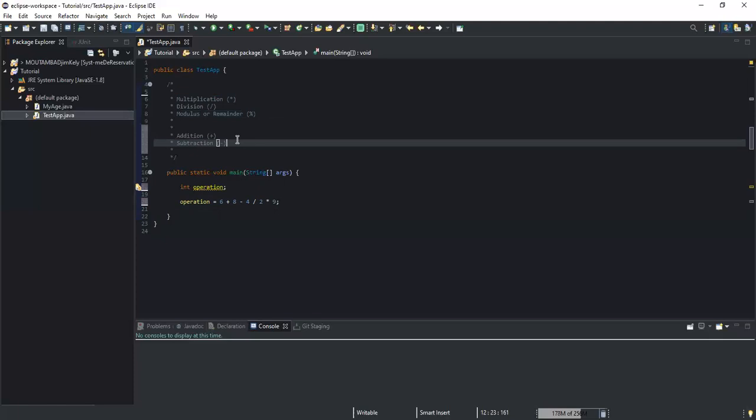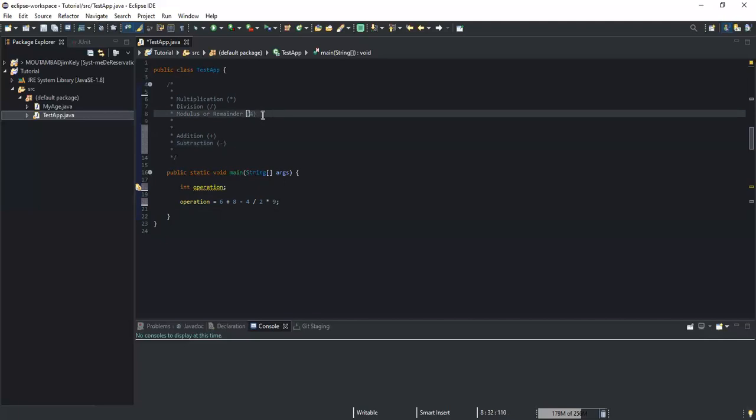So the second rule is going to say that in case of operators that have the same level of precedence, the operation is going to be evaluated from left to right.